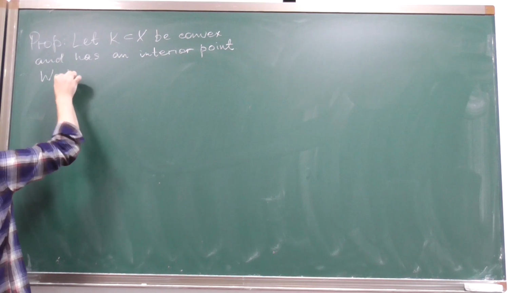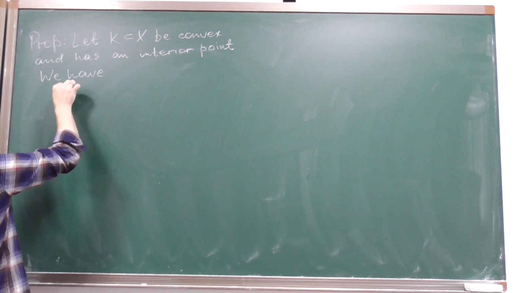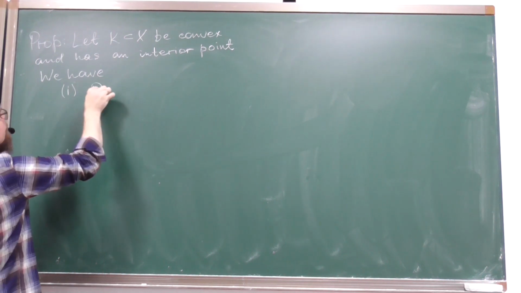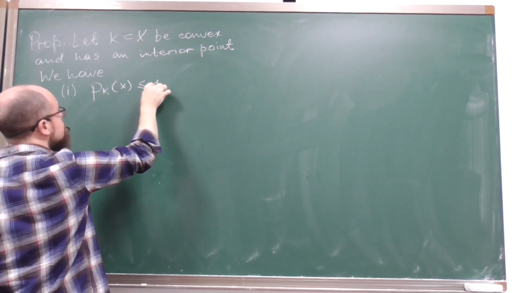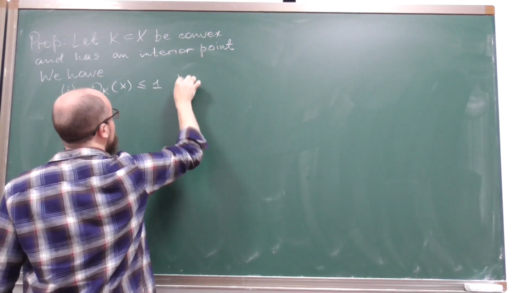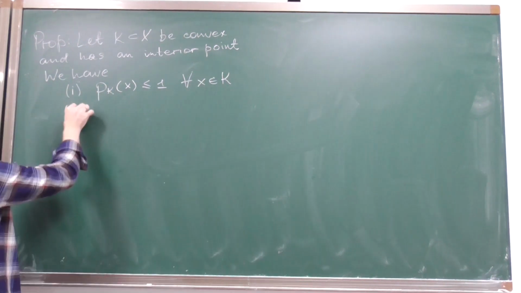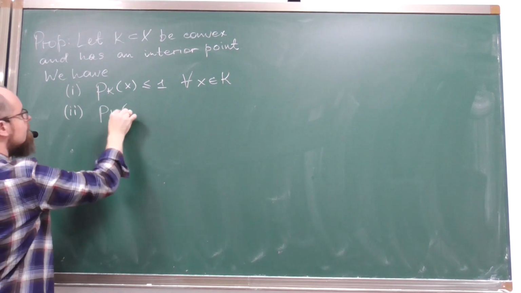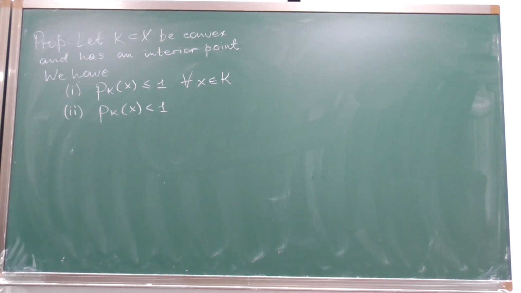We have, first, p_K of x is less than or equal to 1 for every point x from K. The second part tells us that the value of this functional is strictly less than 1 if and only if x is an interior point of K. So this is an exercise for you to prove.